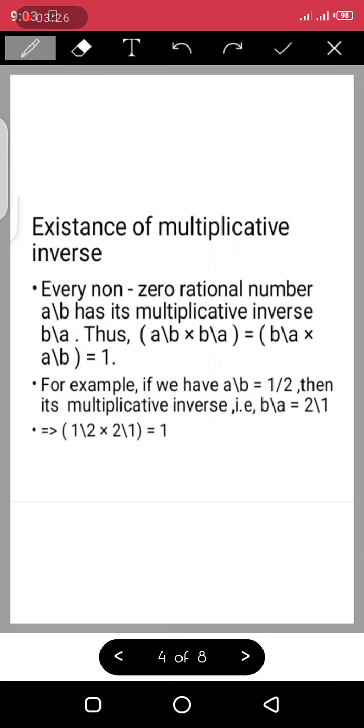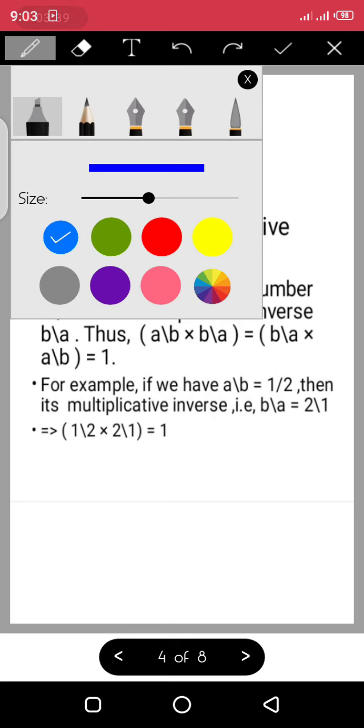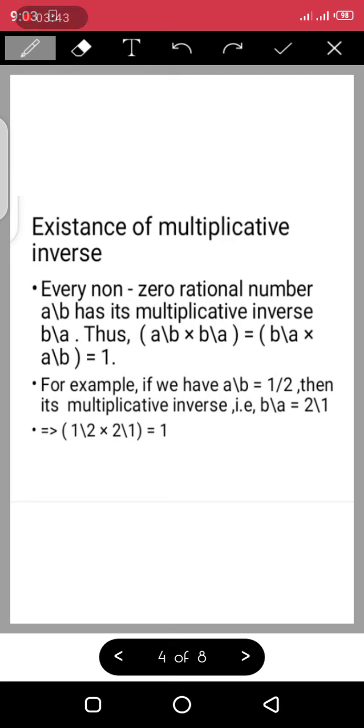Now next we have existence of multiplicative inverse. Every non-zero rational number a/b has its multiplicative inverse b/a. Thus a/b × b/a = b/a × a/b = 1.